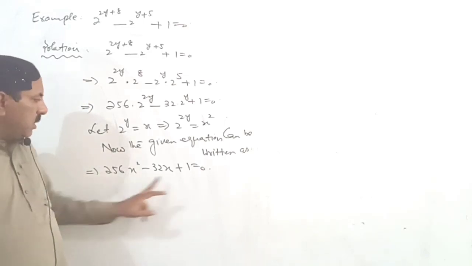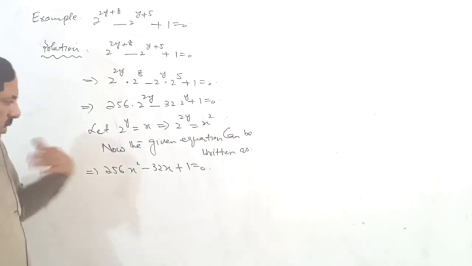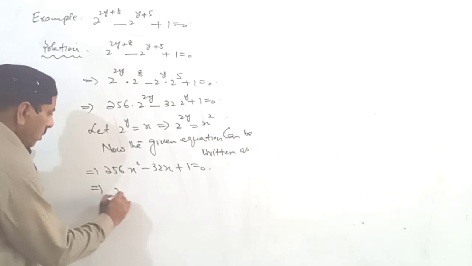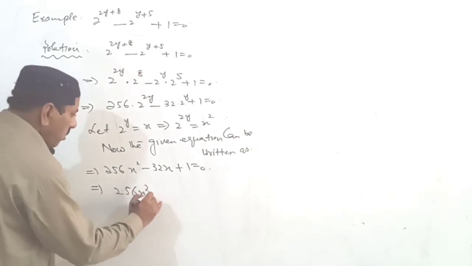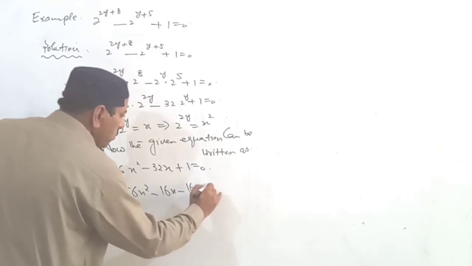So 256 into 1 means 256. When we break 32 into 16 and 16, the result will also be the same. So this will be 256x squared minus 16x minus 16x plus 1 is equal to 0.